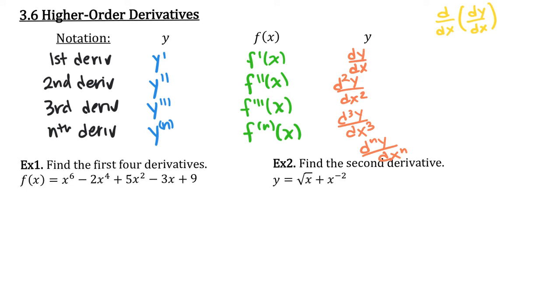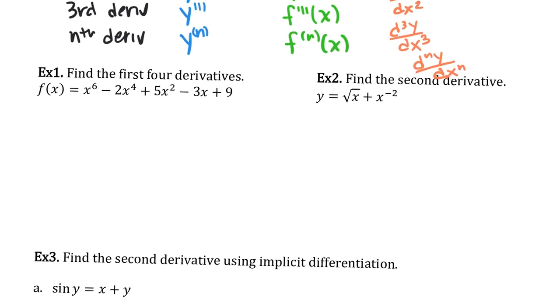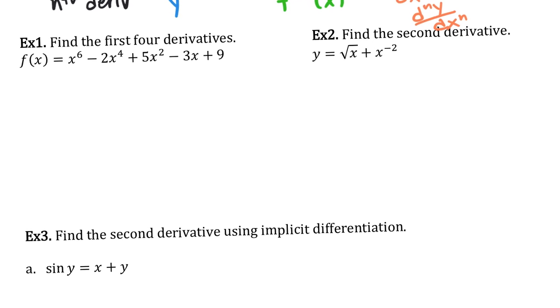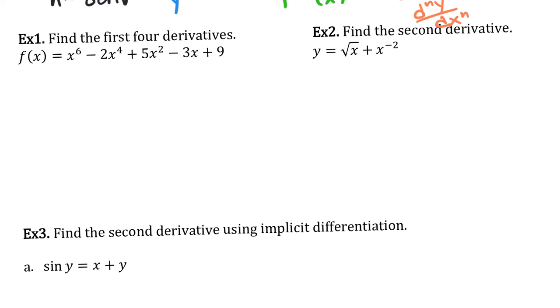Okay, so let's go ahead and take these higher order derivatives. Okay, so for example one, it says find the first four derivatives of f of x. Okay, the first derivative we've done quite often. So first derivative, 6x to the fifth, bring down the 4, minus 8x to the third plus 10x minus 3.